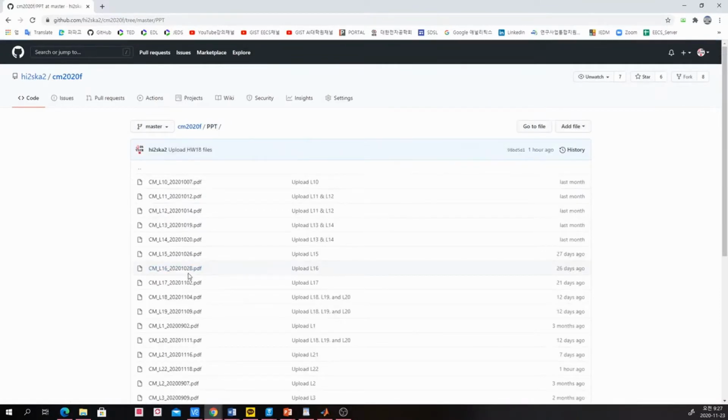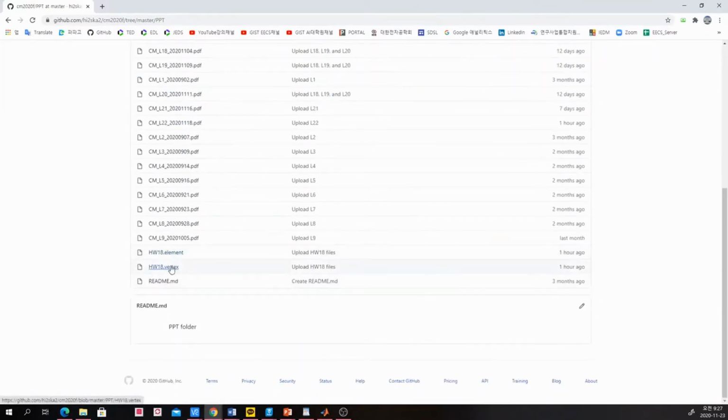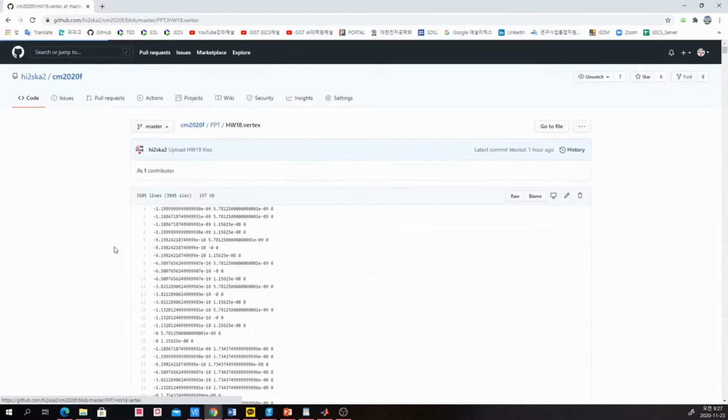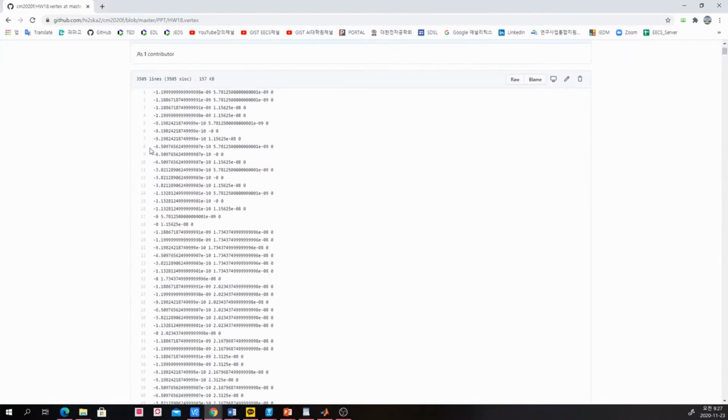Then let's go to vertices 8, 9 and 11, which are connected. 8 and 9 have the same x position and different y coordinates, so connecting 8 and 9 gives a vertical line.